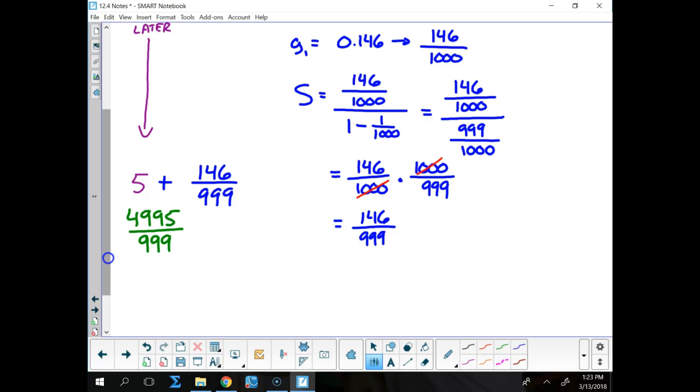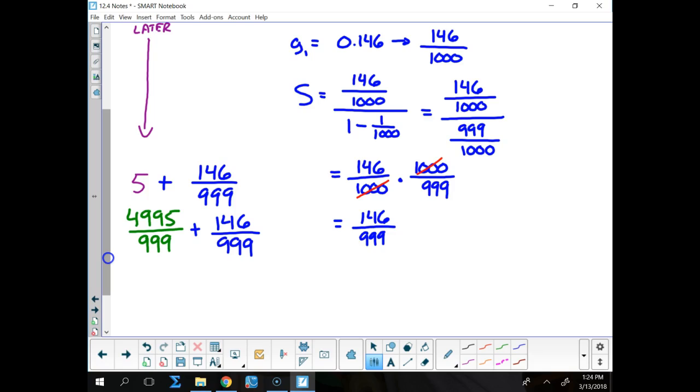Good. I think you have to add the 146. I haven't added it yet. Yeah, we just converted the 5. Gotcha. And then we have to add that together.